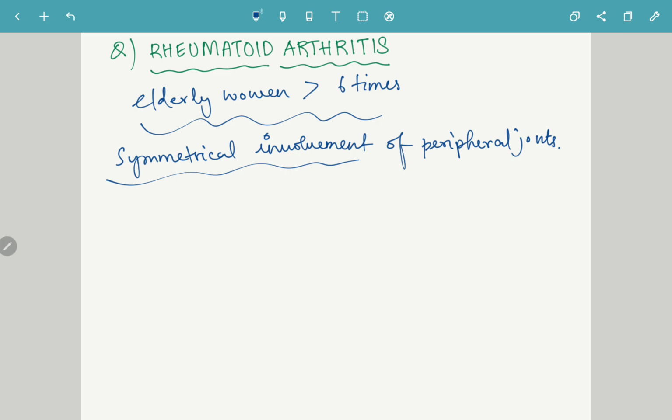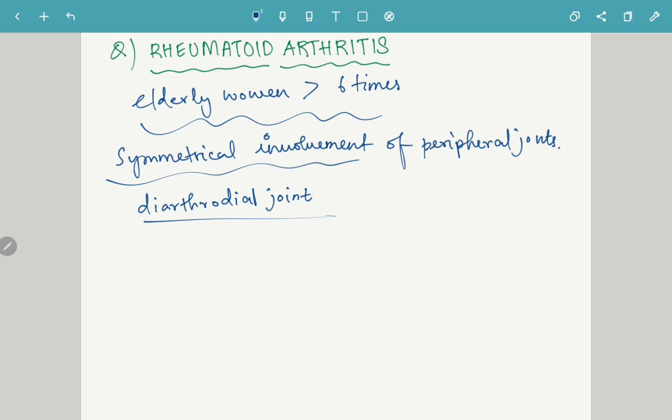Now, first, the joints involved in rheumatoid arthritis can be any kind of diarthrodial joint. What do you mean by diarthrodial joint? Any synovial joint which is freely movable is otherwise known as a diarthrodial joint.